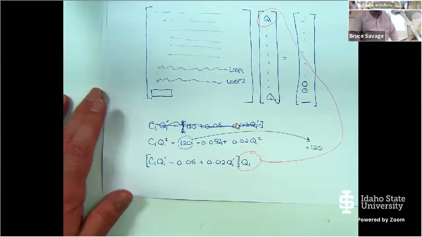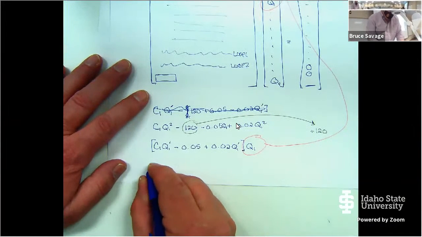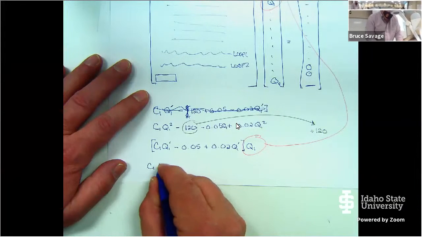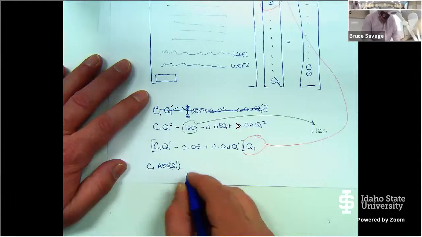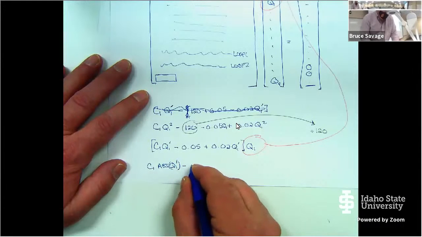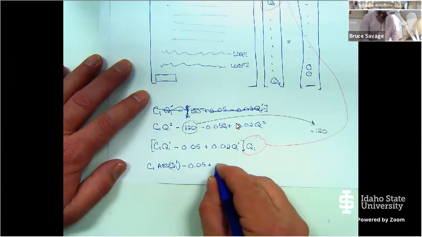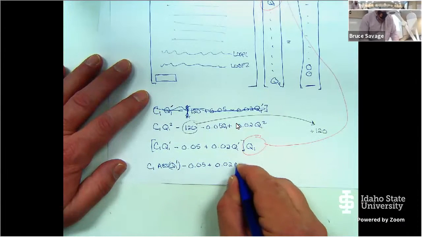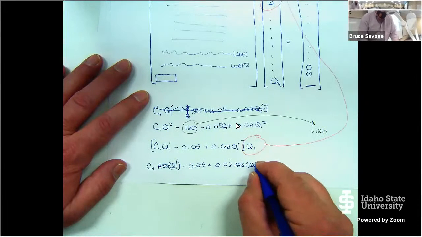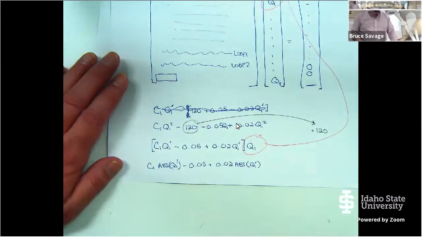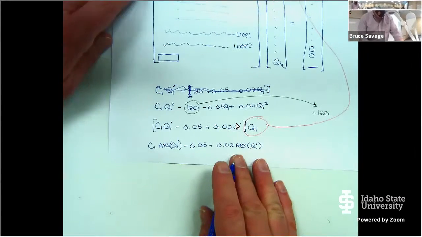So when we put this into our spreadsheet, then we're going to go C sub 1 times the absolute value of Q sub 1 prime minus 0.05 plus 0.02 times the absolute value of Q sub 1 prime. Okay. Now, if you want to get fancy, you could combine like terms, right?